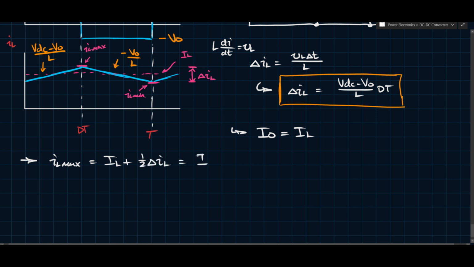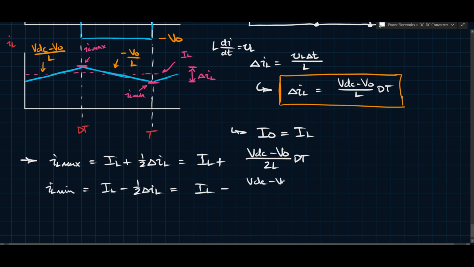Why don't we just write it all in one shot: this is (VDC minus VO) over 2L dt. And then you can do the same thing for IL min, but this will be IL minus 1/2 delta IL. So that'll be IL minus (VDC minus VO) over 2L dt.